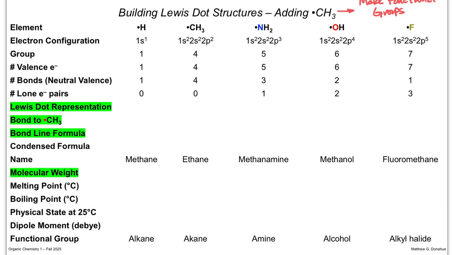So what I want to do now, those are sort of the parents, the parent functional groups. Now I just want to build from what we've already made. So instead of adding an H, we're going to add CH3.